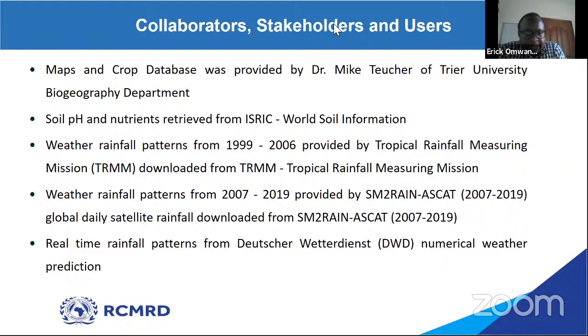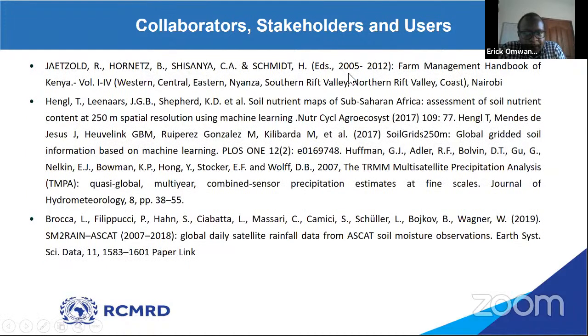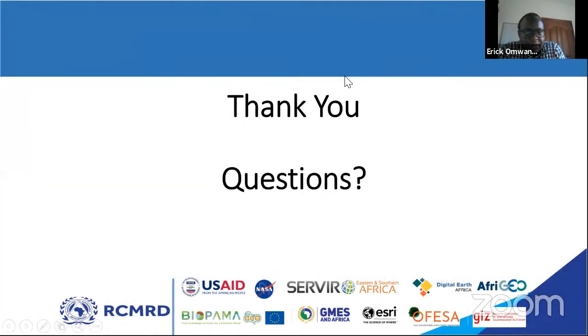So the next slide. These are some of the people who provided data, and I thank you for participating, and I'll welcome questions at the end of the session. Thank you.